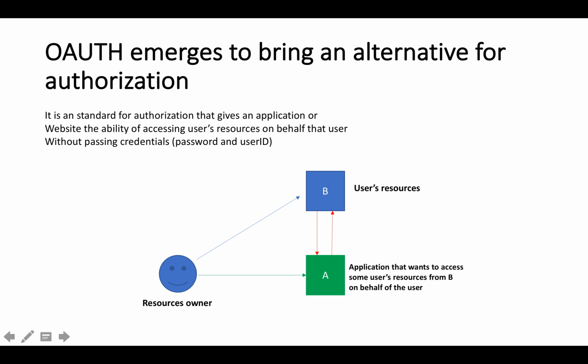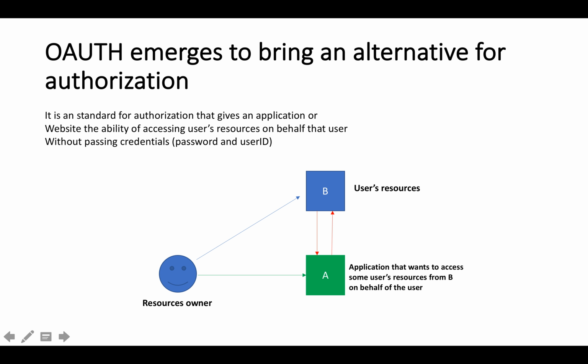So looking at this diagram, this guy has user resources here on server B, and he is the resource owner. But let's say that he also has this application A that needs to access some of these resources on server B.